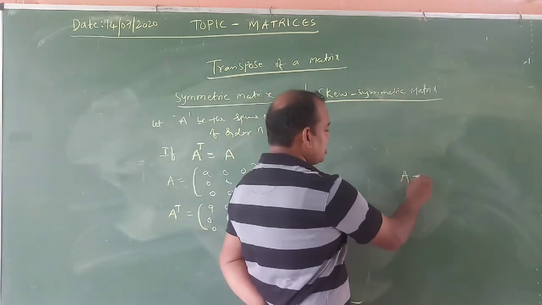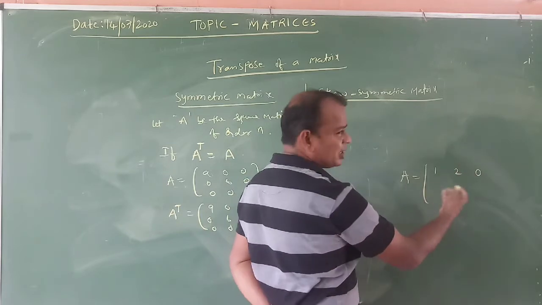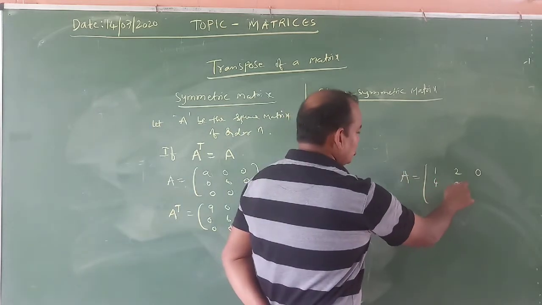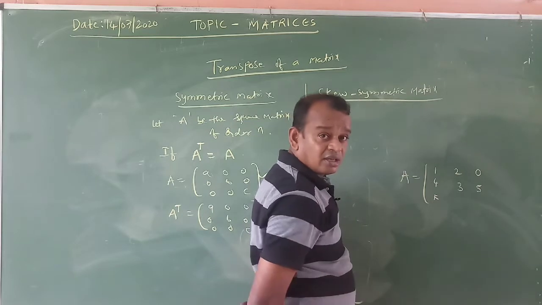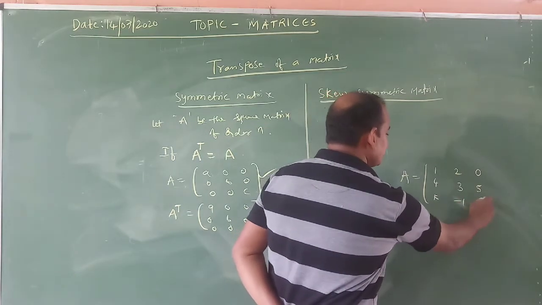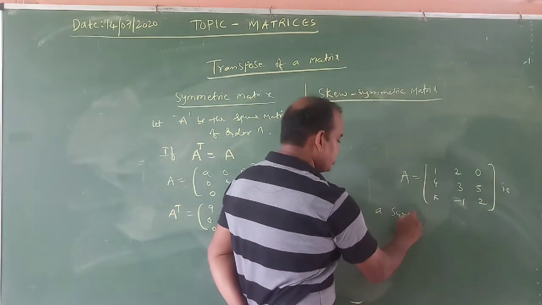Suppose the matrix A is given as 1, 2, 0; 4, 3, 5; K minus 1, 2, and it is a symmetric matrix.